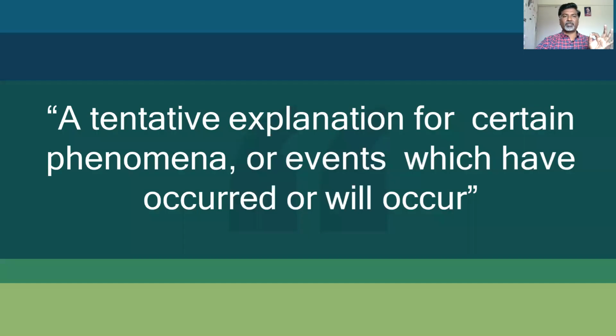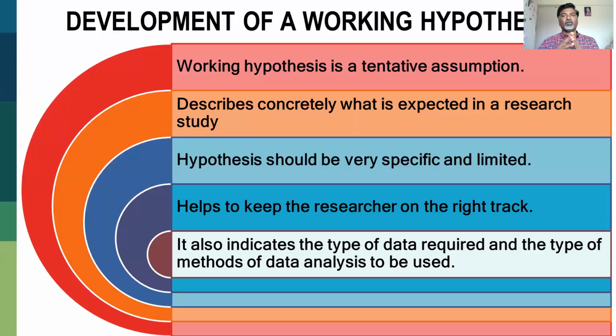Hypotheses are nothing but assumptions, a tentative explanation about certain phenomena or events that may occur that you are considering. So while developing a hypothesis, different things you have to take into consideration. First, the working hypothesis should be a tentative assumption. We describe concisely what is expected in a research study.